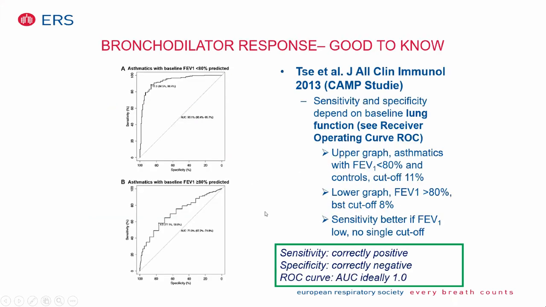However, if you take into account your baseline lung function, then you may end up with a better discrimination, a better sensitivity. If you have children with a low lung function at baseline, less than FEV1 80% predicted, your sensitivity and specificity is much better compared to children with normal lung function at baseline, where you will always have a very low sensitivity and specificity.